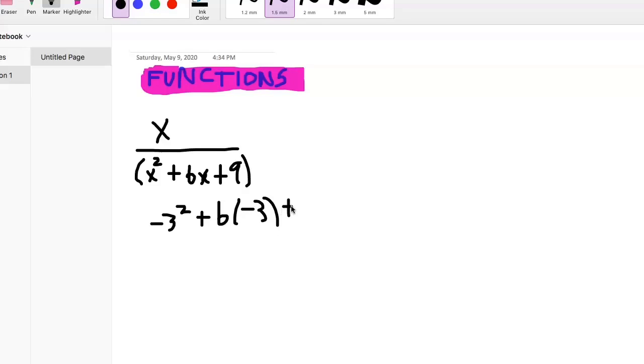We're saying when we plug it in that we're going to get 0 here, so let's see if it worked out. Negative 3 squared is 9, plus 6 times negative 3 is negative 18, plus 9 again. 9 plus negative 18 is negative 9, plus 9 is 0. So it worked out. So anyway, that's our answer.